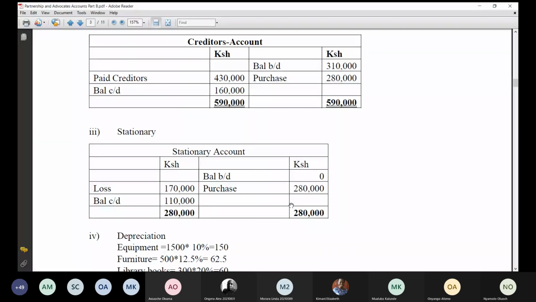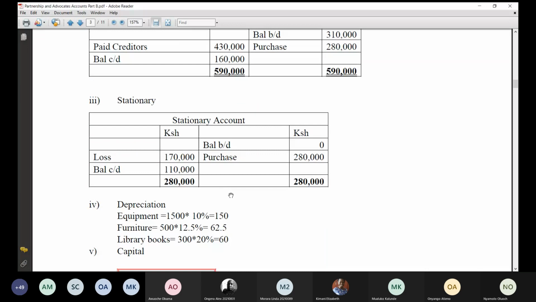We bought them at 280. At the end of the day, our closing balance was at 110. So the figure that we require to balance the 280 and the 110 is the 170, which is that loss which we had explained earlier.